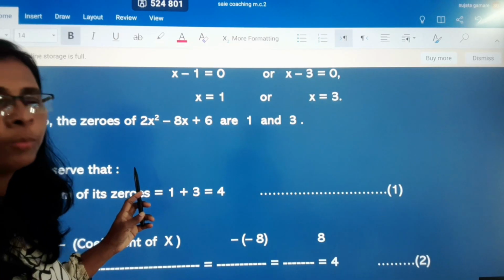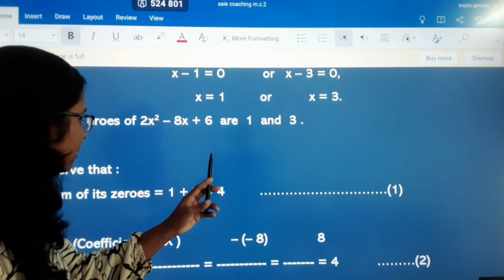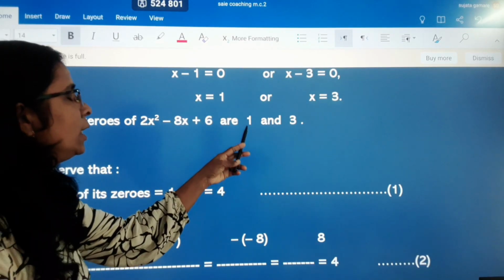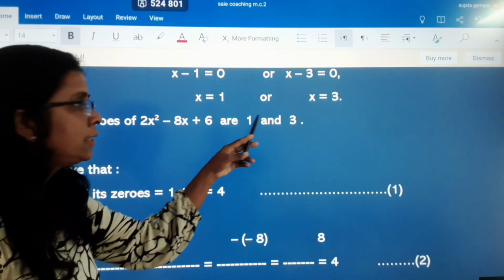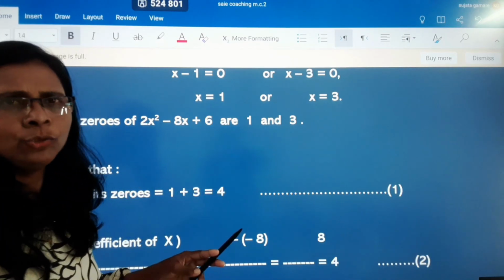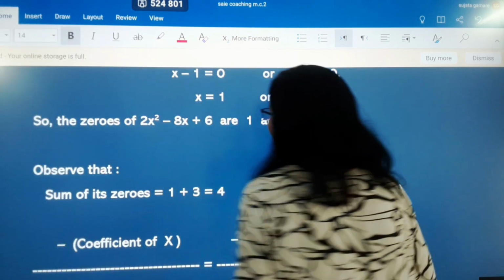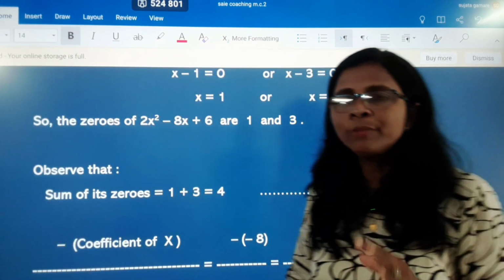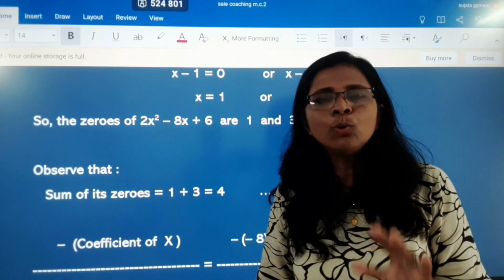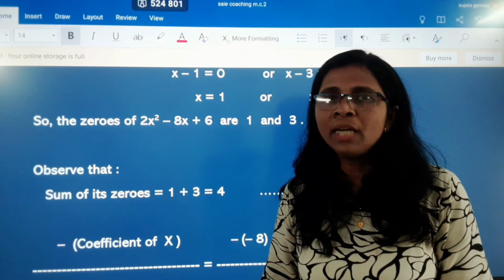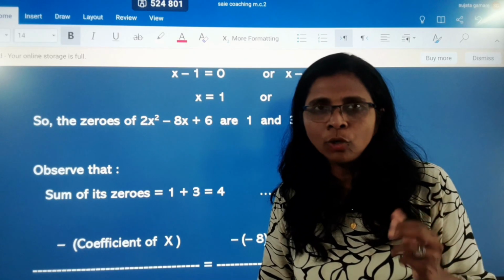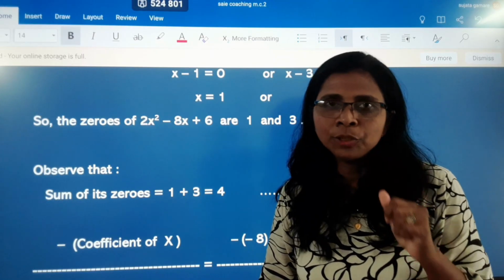So let us consider that first value will be alpha and the second will be beta. You can consider also. Okay. So now here as per our formula regarding the coefficient of the polynomial and the zeros of the polynomial, there is a relationship formula.